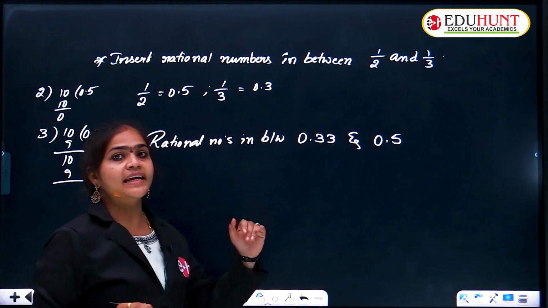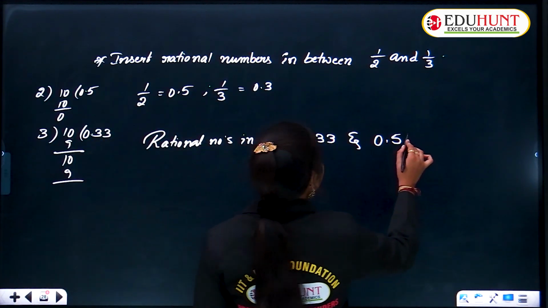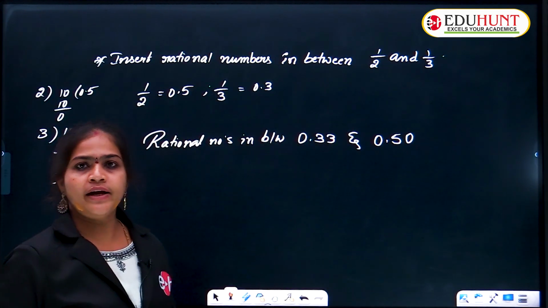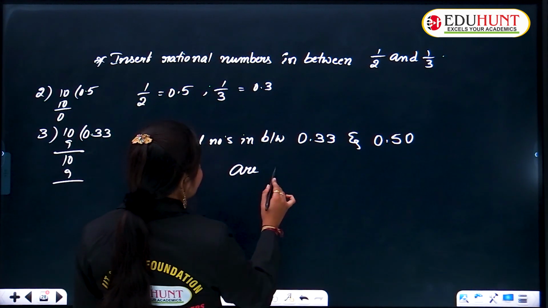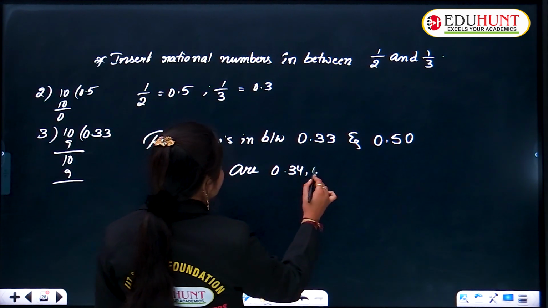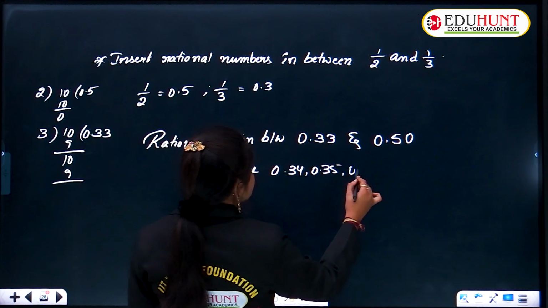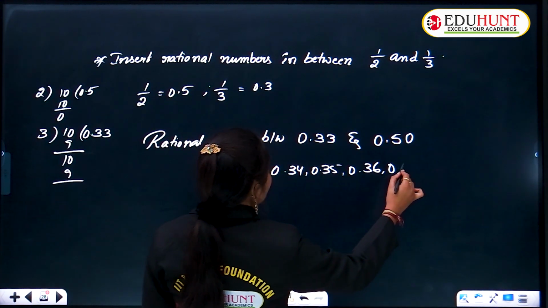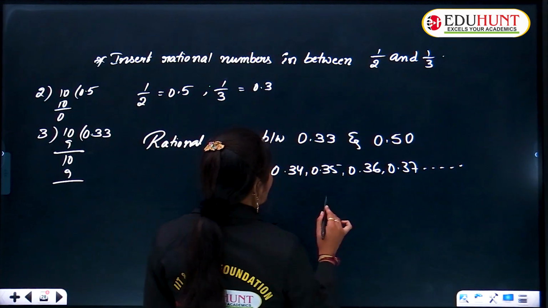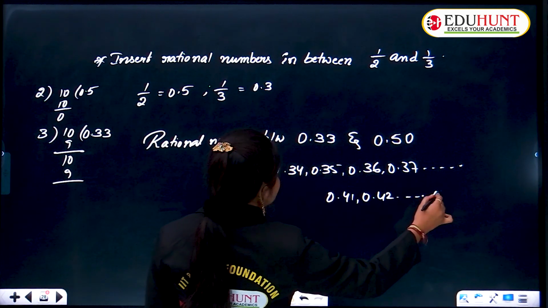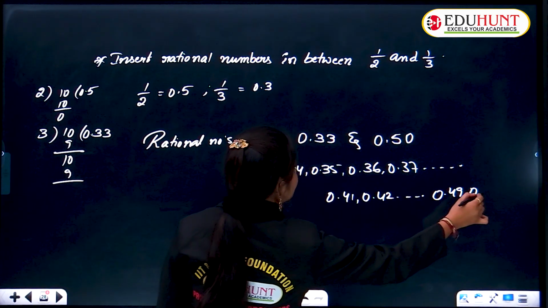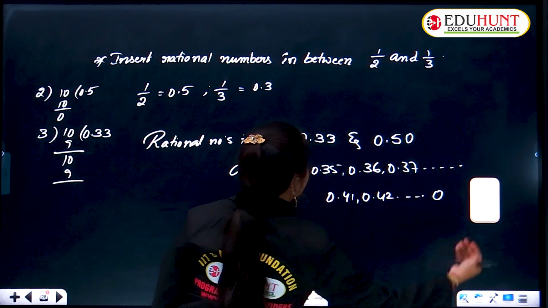To make it a like decimal, just keep a 0: 0.50. Okay. Or what are the numbers, ma? 0.34, 0.35, 0.36, 0.37 and so on, 0.41, 0.42 and so on, 0.49. 0.49 is the last number.